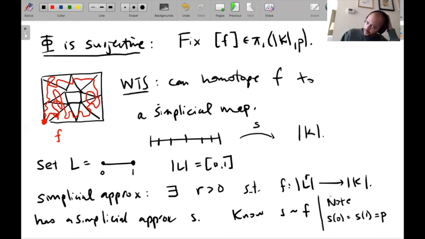In our discussion of simplicial approximations last time, we saw that if F of some point is a vertex, then S of that same point also has to be the same vertex. That's one property simplicial approximations have. So since F sends 0 and 1 to the base point, so does S. And moreover, the homotopy is a straight line homotopy, so if F is equal to S on some point, then that's true throughout the homotopy. So this is a homotopy through based loops. Okay.